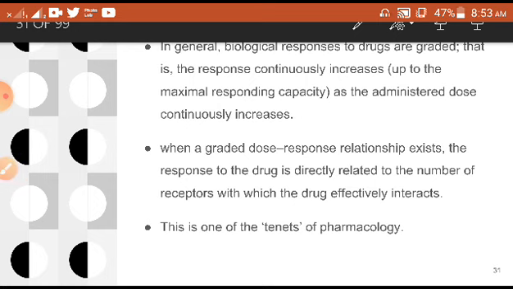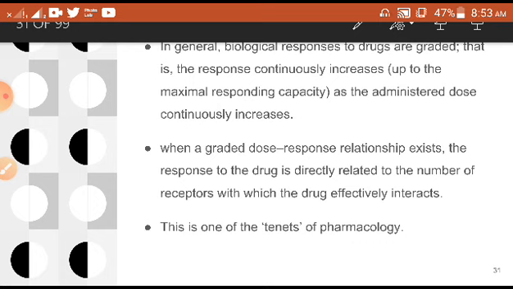Suppose, for example, there are 50 receptors available, right? When you have given drug 0.1, maybe 10 receptors are occupied, or maybe 15 receptors are occupied, right? Then you got one response. Then you gave 0.2. Now this more concentration has given you more receptor occupation, maybe now 25.